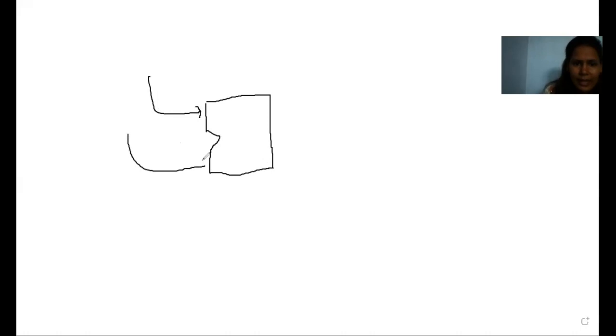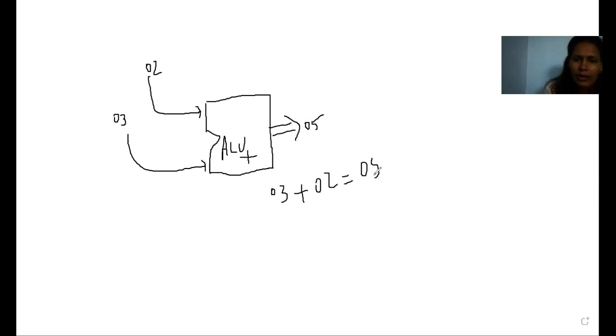These are the inputs of the ALU. The first operand of the ALU is 03, and the second operand or second input of the ALU is 02. Suppose we want to perform add operation. So the output will be 05. 03 plus 02 will be 05.